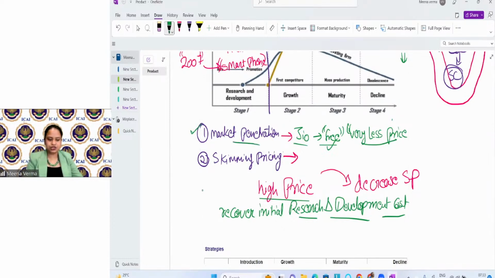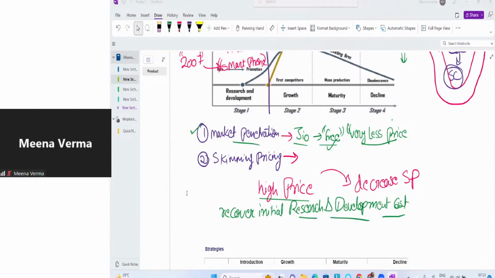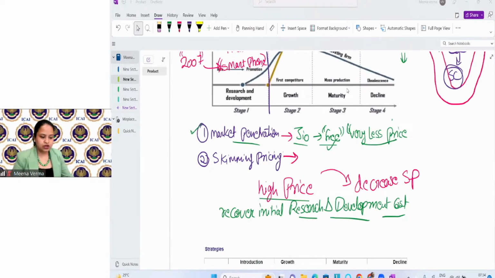Research and development cost is very high there too.